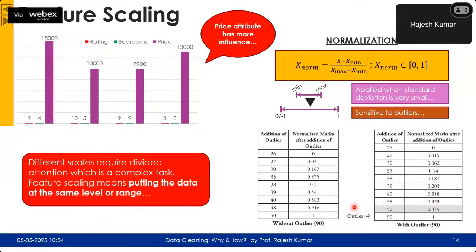They are sensitive, because you can see the value here is 1, and if there is some other value, it can't change that much here. But if there is an outlier, you can see the value is reduced from 1 to 0.375. So all these are skewed towards one corner, and that is basically the effect of the outlier. So this way of normalization, when you perform feature scaling, will affect your normalization process.